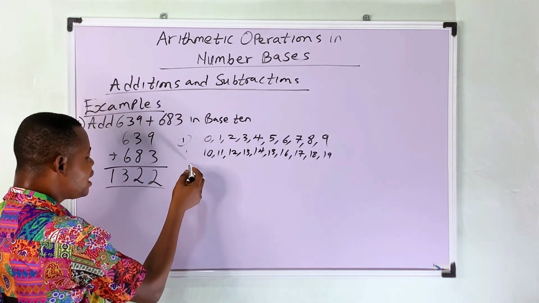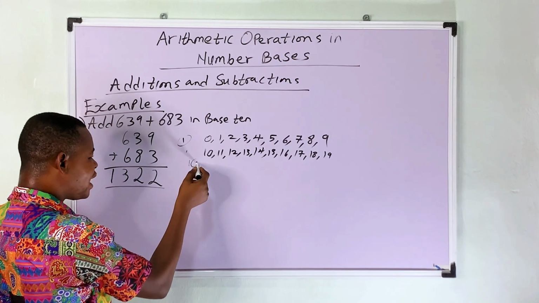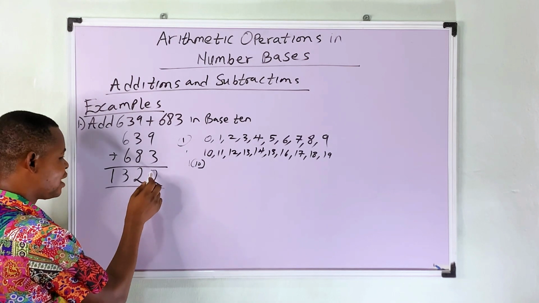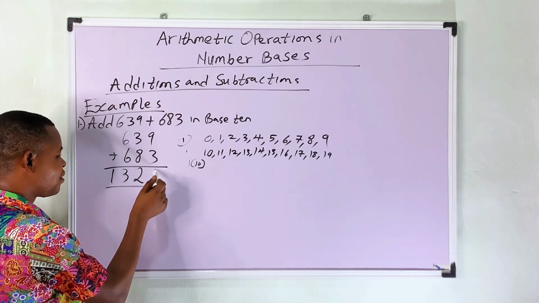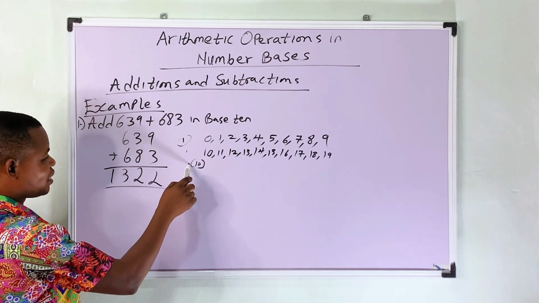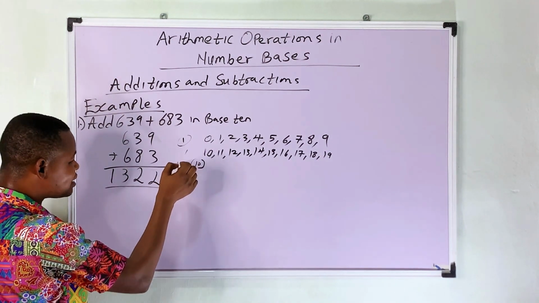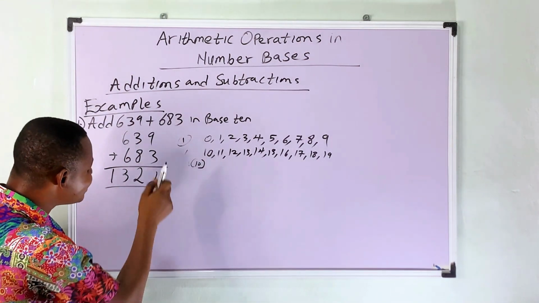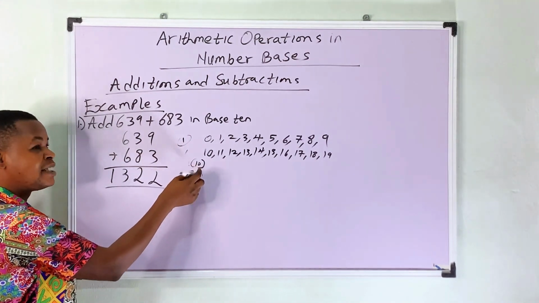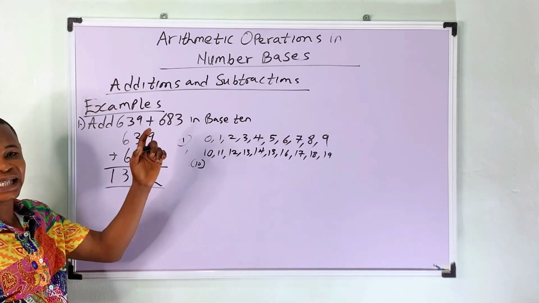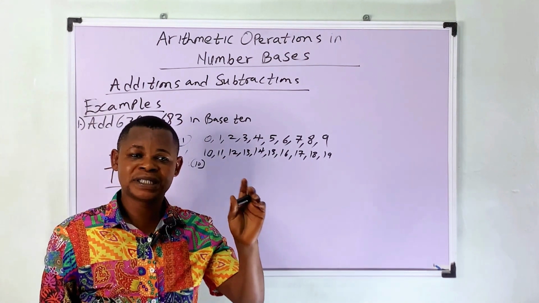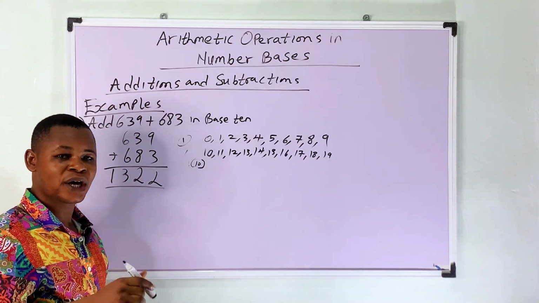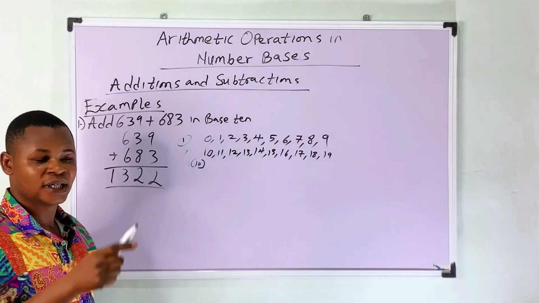That means we have one set of 10 from that result. And what are we left with? We are left with 2. We write the remainder. And we have one set of 10. This 1 that we keep means one set of 10. This explanation I have given is very crucial for us to understand how to solve basic arithmetic operations in other bases. You will get it right when we get to solving arithmetic operations in other bases.